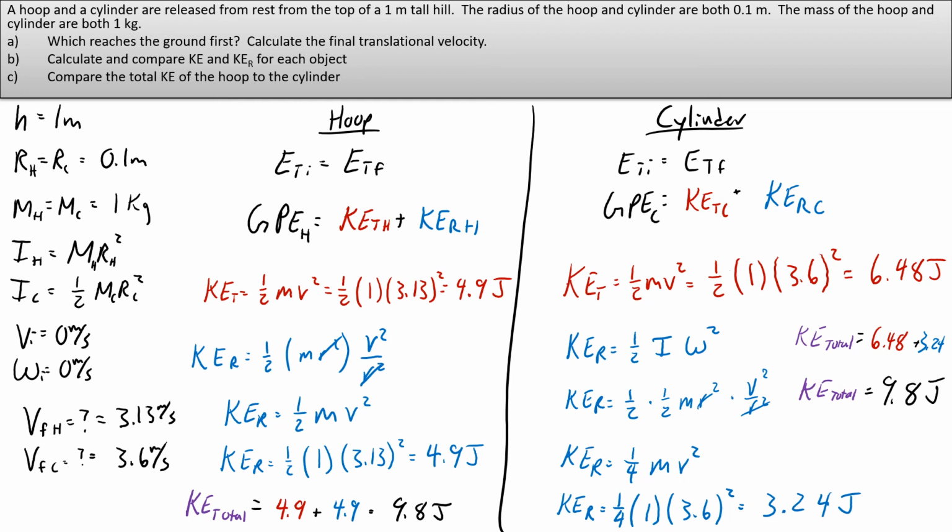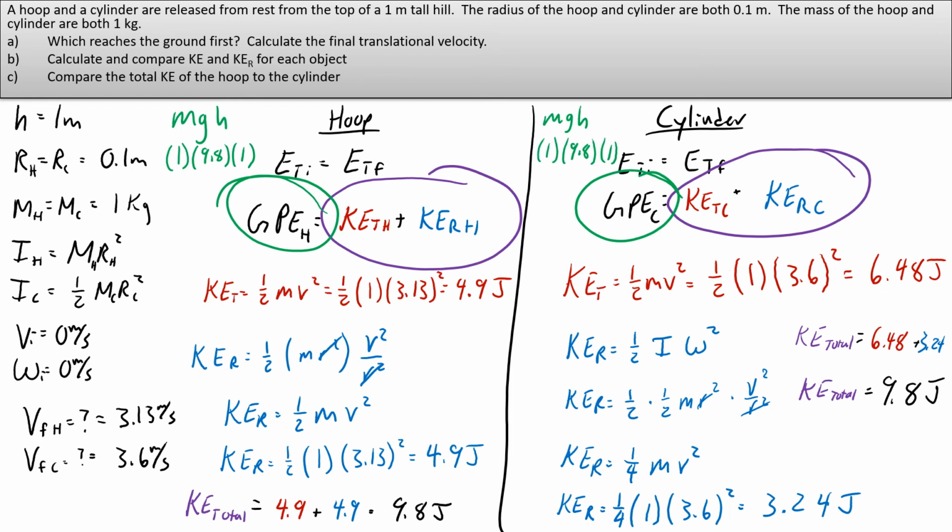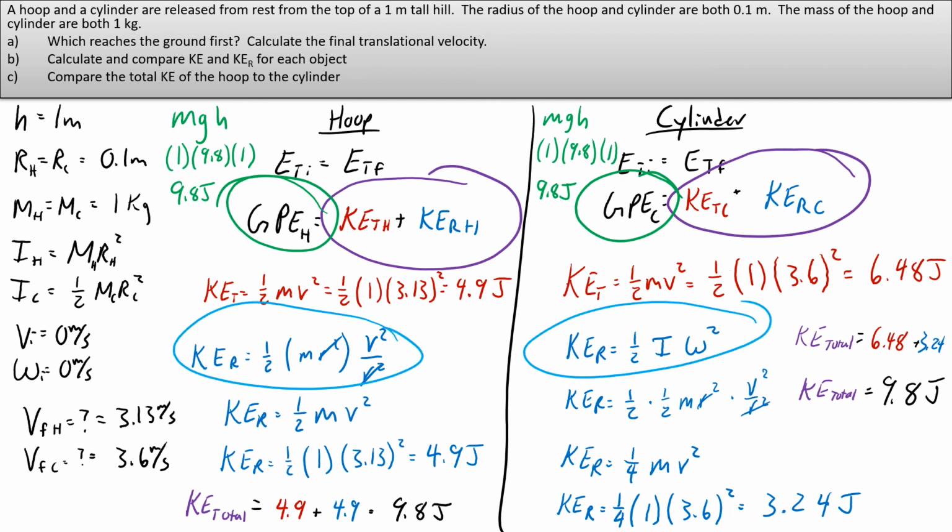That's kind of crazy. They have the same total kinetic energy of 9.8 joules. Where did they get that energy from? This total kinetic energy is equal to the gravitational potential energy, mgh: the mass is 1 kilogram times 9.8 times 1 meter in the air for both of them. So the conservation of energy holds true. We just have some more fun with our rotational kinetic energy happenings.